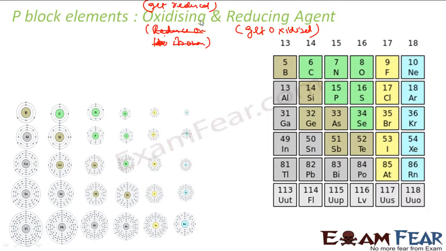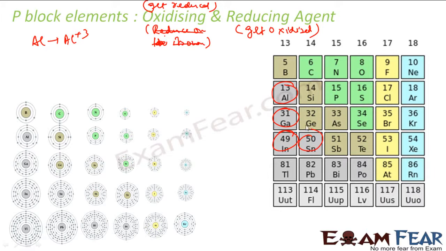Let's talk about the reducing agent first. Reducing agents are ones which can themselves get oxidized. For example, aluminum will love to become Al plus 3 because it's more stable. So these are my reducing agents. Why?